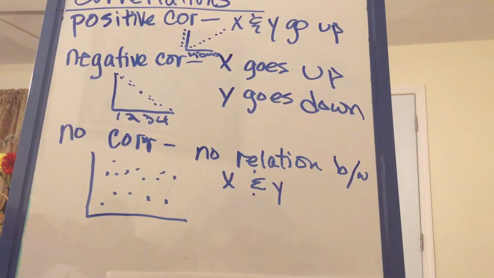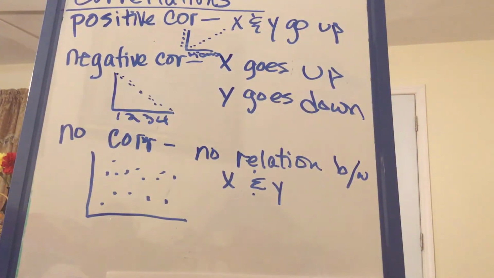So x goes up by 3 each time: 3, 6, 9, 12, 15, 18. And y goes up at the same time, we'll say by 20, 40, 60, 80, 100.